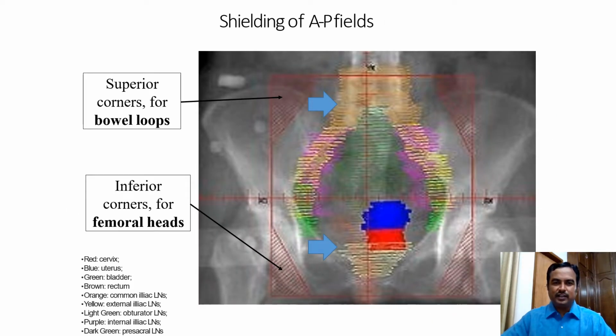Another thing is that in conventional treatment, as we don't have any MLC, we normally use blocks for shielding the normal tissues. This slide shows the corner shielding used in case of AP-PA fields or box fields in the conventional treatment. Here the upper area was shielded for the bowel loops, and the lower part is shielded for the femoral heads.